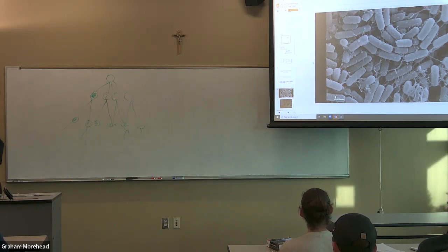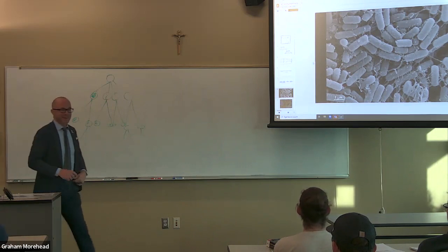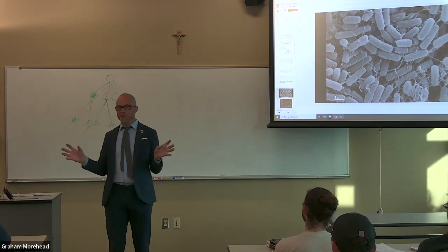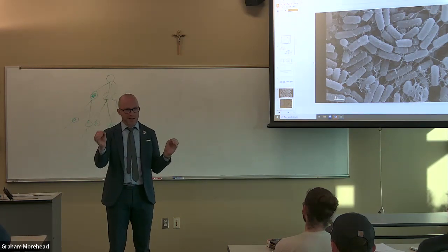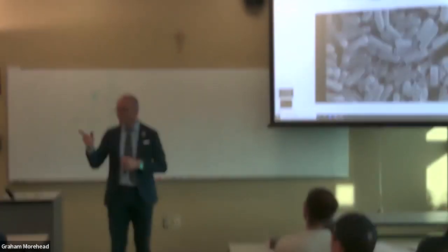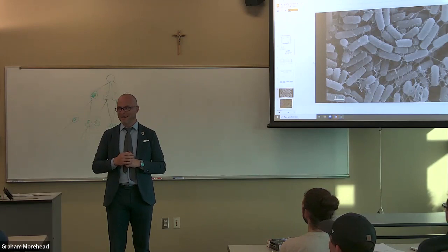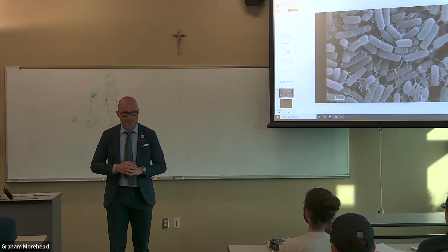Bacteria are very, very small, way smaller than your cells. We all know we have bacteria in our guts, right? Anyone have a guess on the ratio? How many bacteria live in your gut in relation to human cells? A 10-to-1 ratio.